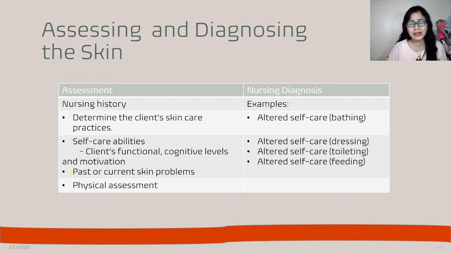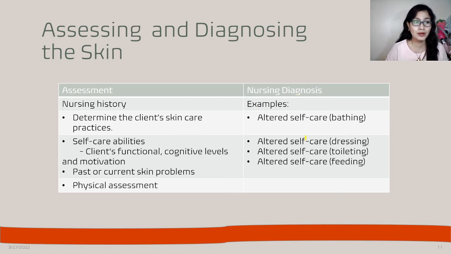Also, you have to check if there are any past or current skin problems, such as sensitive skin or any allergies, which will be more thoroughly found out through the physical assessment. Given the nurse's findings on the assessment, the nurse can proceed to nursing diagnosis.